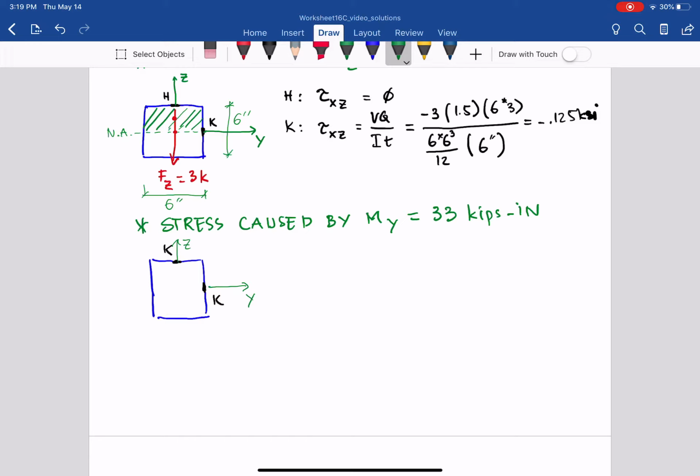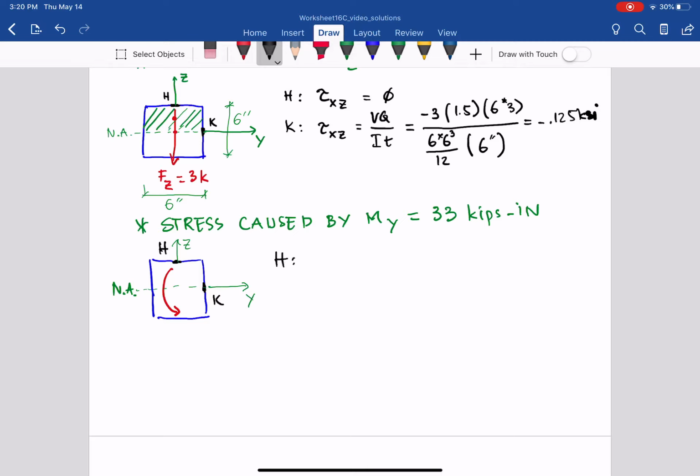And the moment about the Y axis actually goes through here. So the neutral axis is there. As you can see here, this is H, it will create maximum normal stress at the outermost fiber, which is H, and 0 at the neutral axis, in this case K.